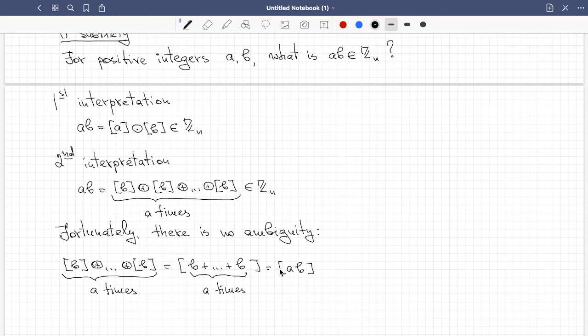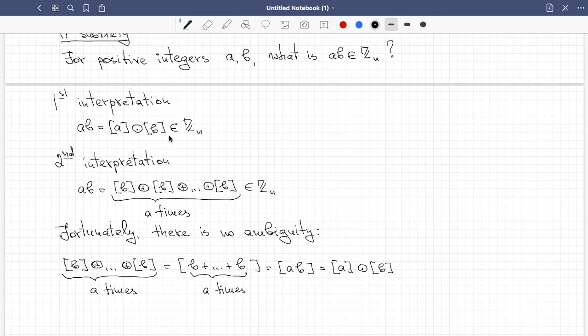What is a times b? This is b plus b plus b, a times. And this is the same thing as class A times class of B, by the definition of multiplication of congruence classes. So we get that this interpretation and this interpretation give us the same thing.